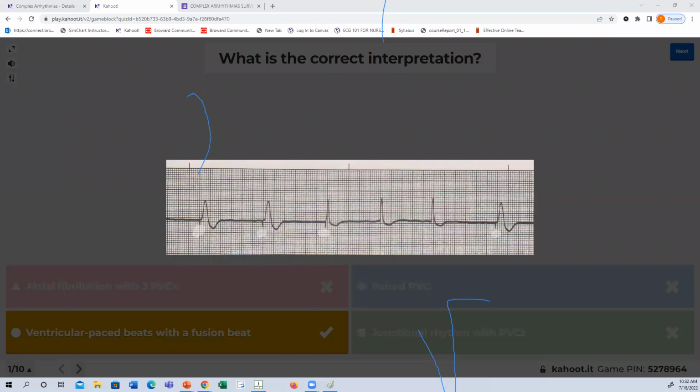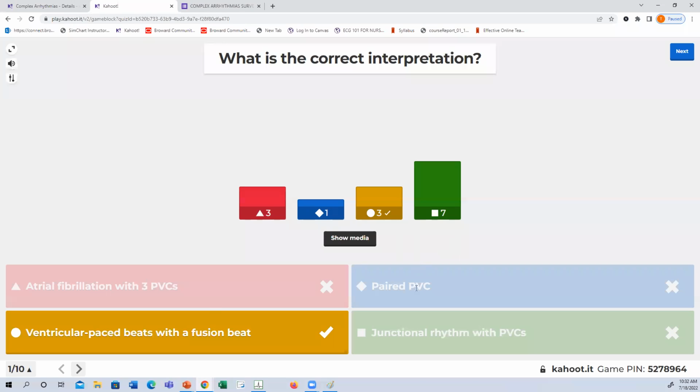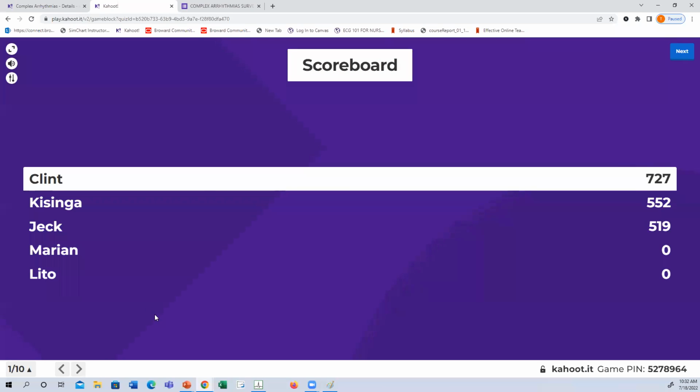And the reason why we say that there's a ventricular pacemaker is because the spike is followed by a QRS complex. Okay, so let's see who answered the fastest. And the winner for this particular question is Clint, Kisinga, Jack, Marian, and Lito. Congratulations.